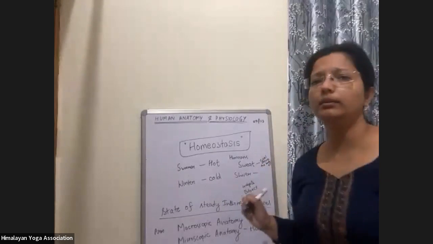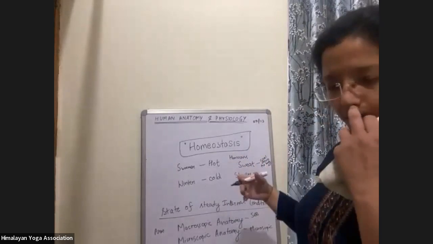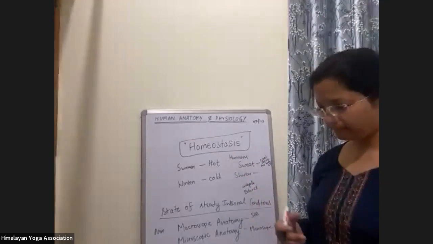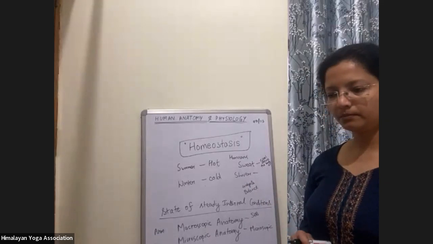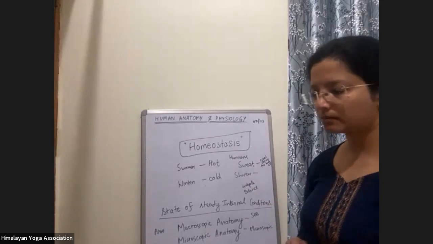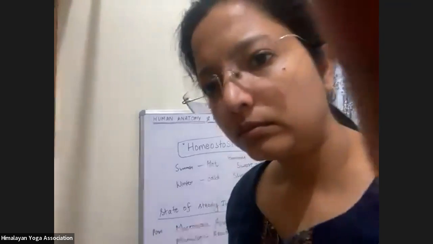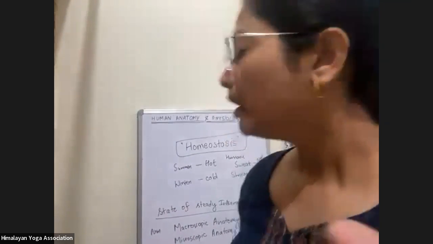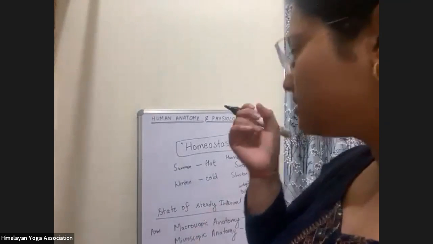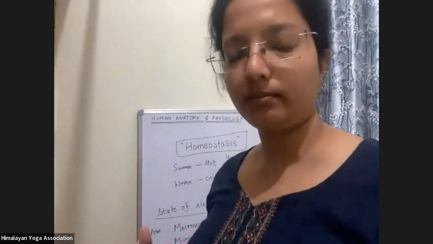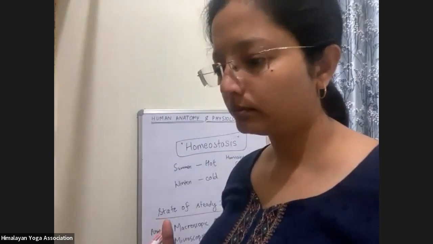Can anyone tell me how this sweating helps in cooling down the body? Brings down the internal temperature. Yes, but what is the scientific process that takes place? Ooh, I do not know.